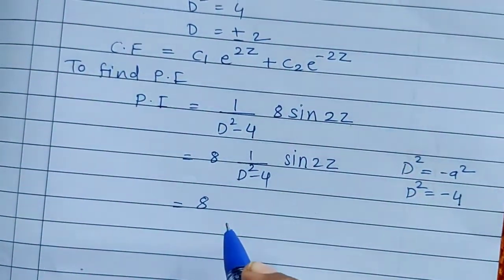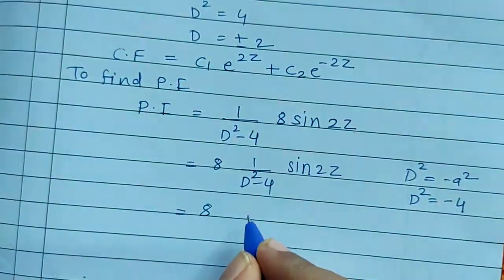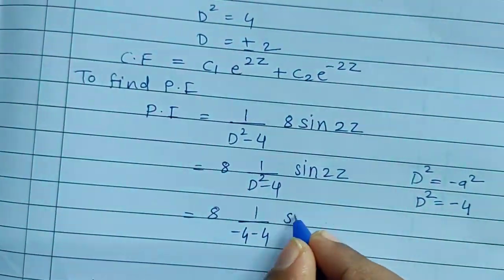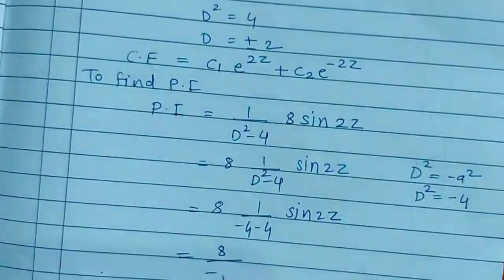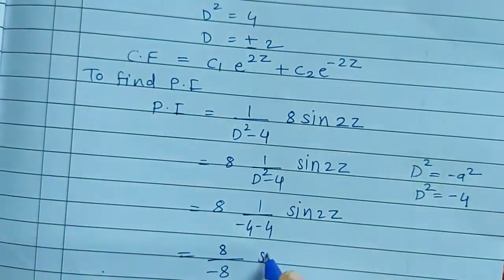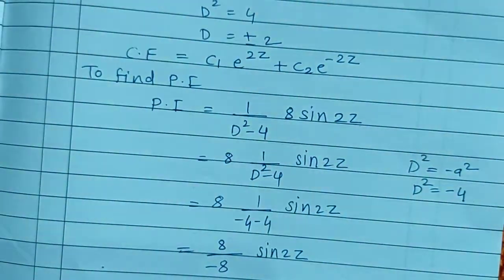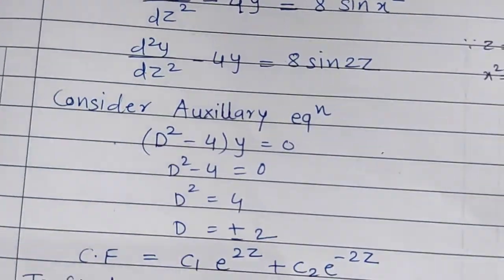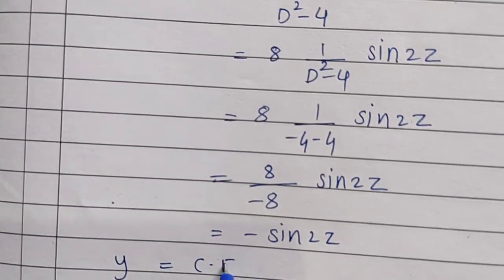But here the denominator is never 0 after putting this value of d square. So 1 upon minus 4 into sine 2z, 8 upon minus 8 into sine 2z. So minus sine 2z.